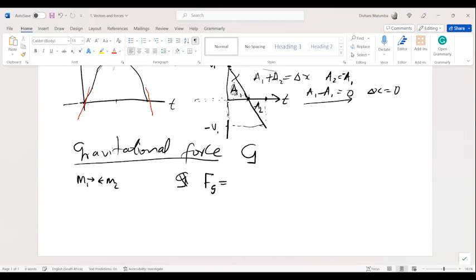that is exerted between two objects in a system, he said, is directly proportional to m1 times m2, the product of the masses, and also inversely proportional to the square of the distance between the two objects.